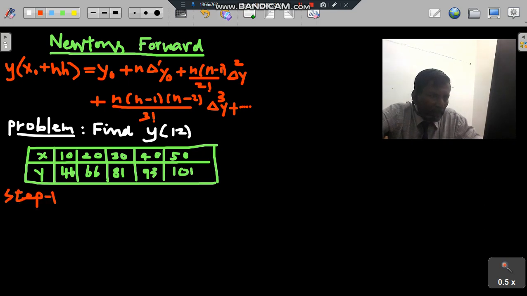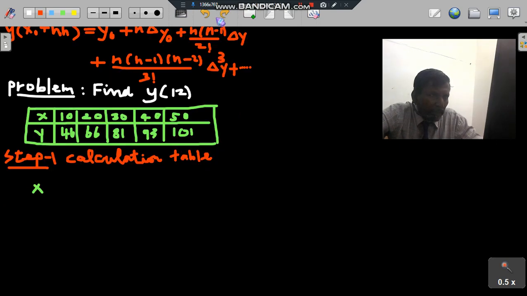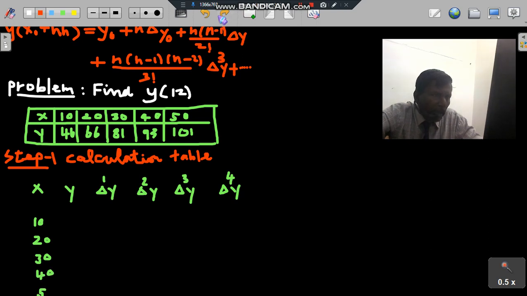First step is that we have to make the calculation table. I am taking the x value and y value, the first difference of y, second difference of y, third difference of y, and fourth difference of y. Now look at that.